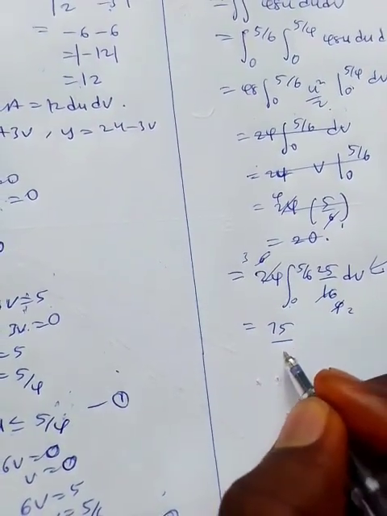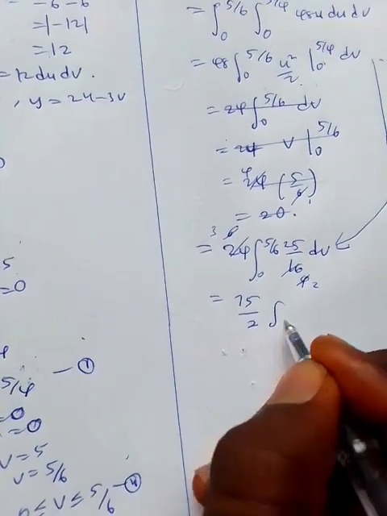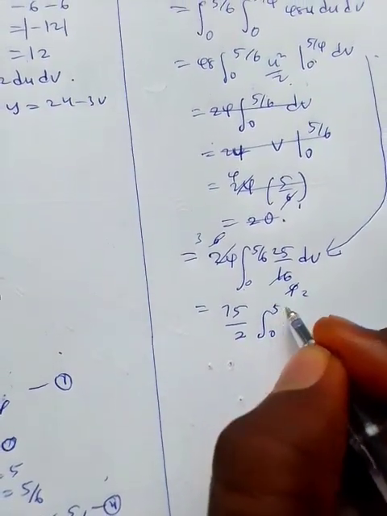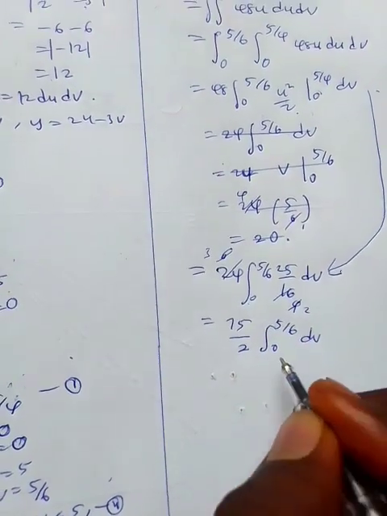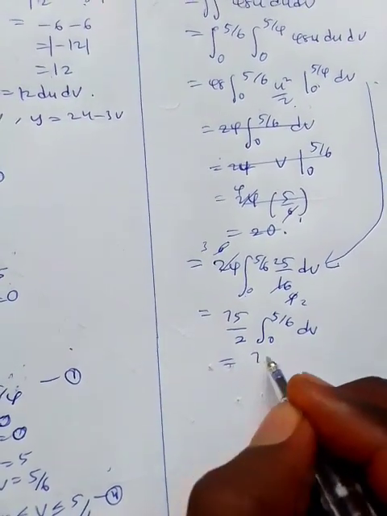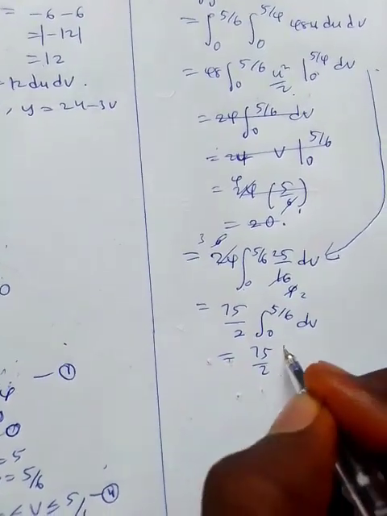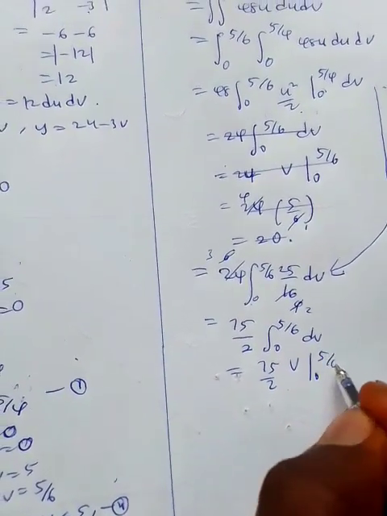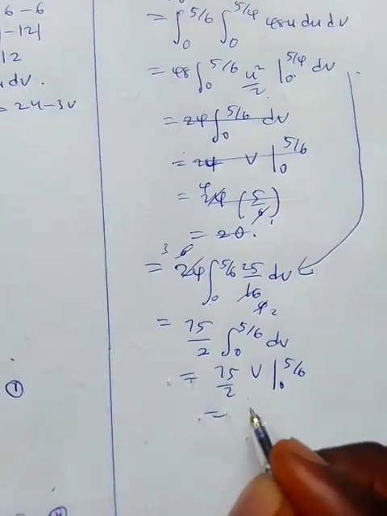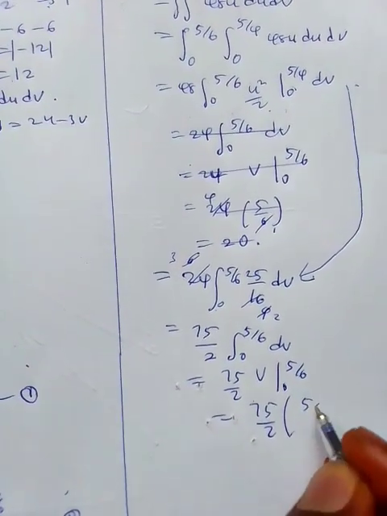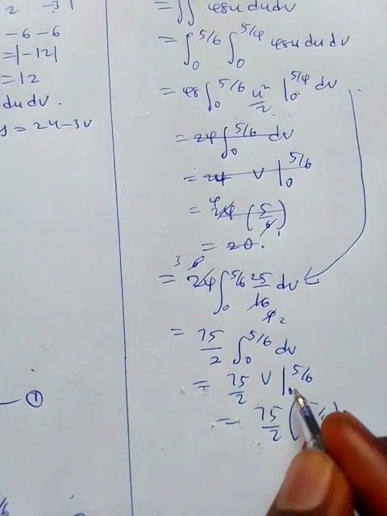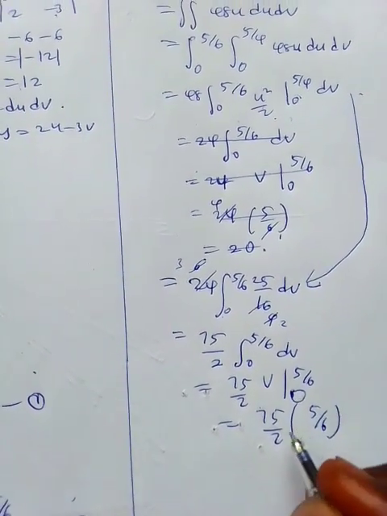So we have 75 over 2, integrating from 0 to 5 over 6 dv. When you do that, we have 75 over 2 times v from 0 to 5 over 6. So we have 75 over 2 times 5 over 6. The 0 vanishes.